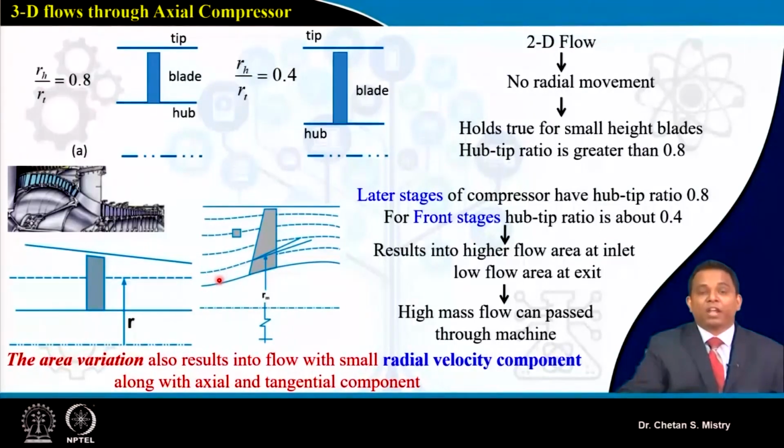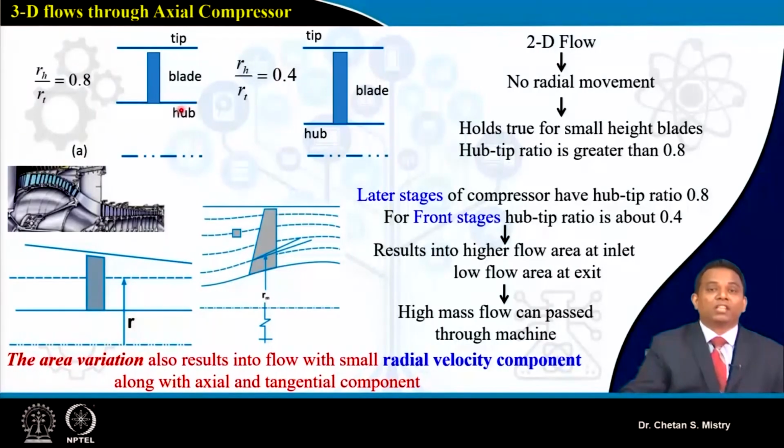This is in line with what we were discussing about our fan, where my inlet area and my outlet area are changing. Now if we consider constant area at the entry and the exit, our streamlines will be parallel streamlines.